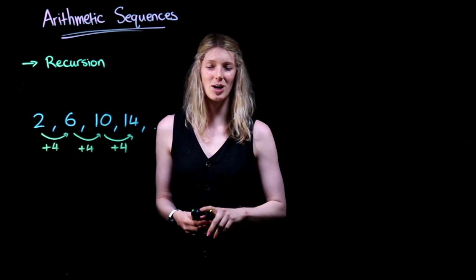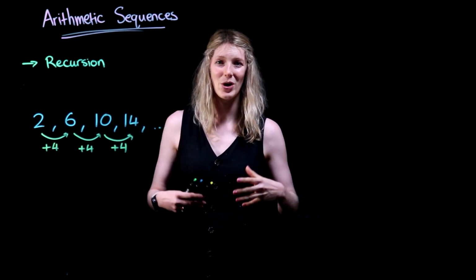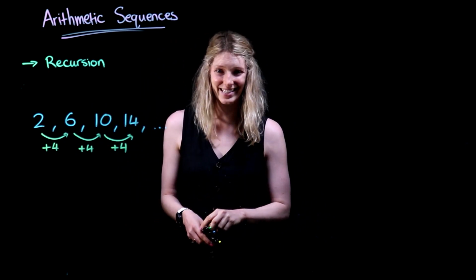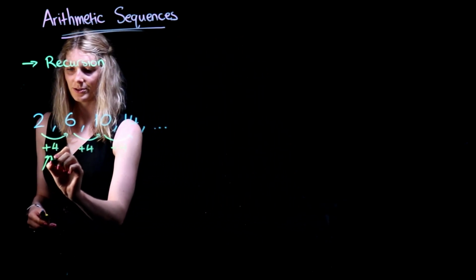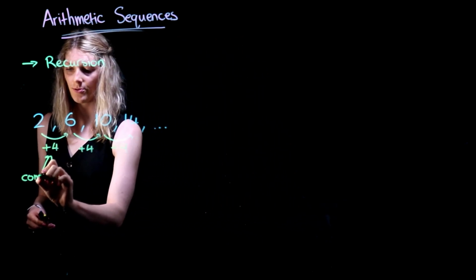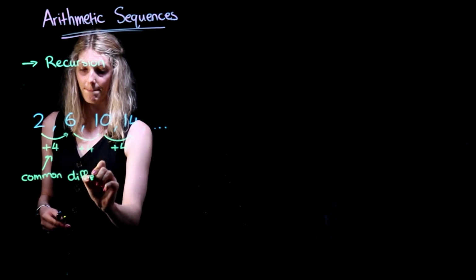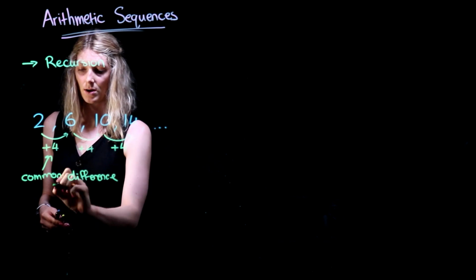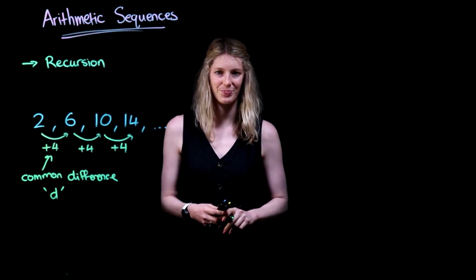And because this common difference is the same between all of these terms, we can say that this is an arithmetic sequence. So our 4 is representative of a common difference, which we use the variable d to represent.